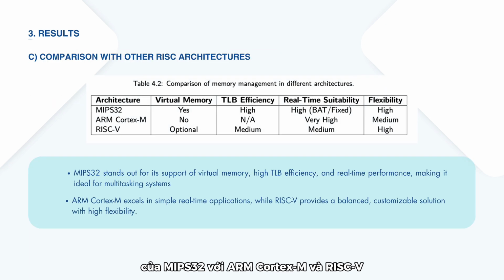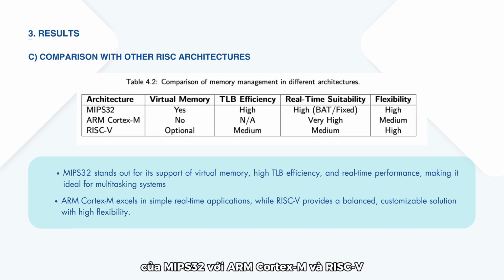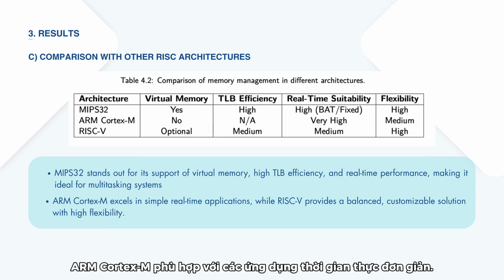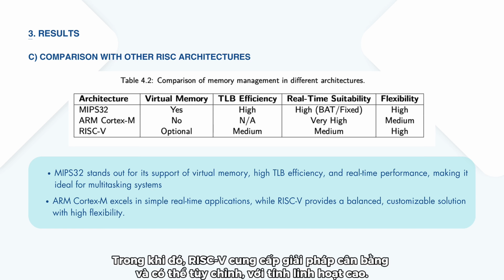It's easy to find that MIPS32 stands out for its support of virtual memory, high TLB efficiency, and real-time performance, making it ideal for multitasking. Meanwhile, ARM excels in simple real-time applications, while RISC-V provides a balanced and customizable solution with high flexibility.